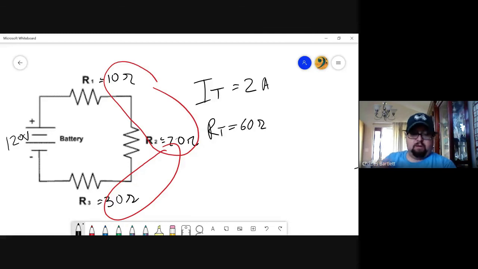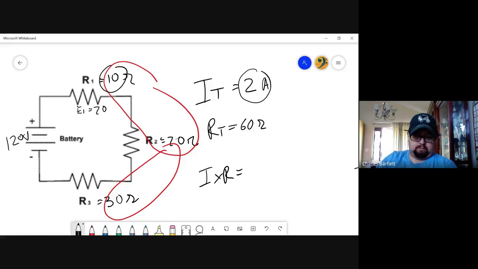So then if we want to find a voltage that's dropping across the resistance, we just need to apply the IT. So the I times R, and 2 times 10 gives us an E1 of 20 volts.